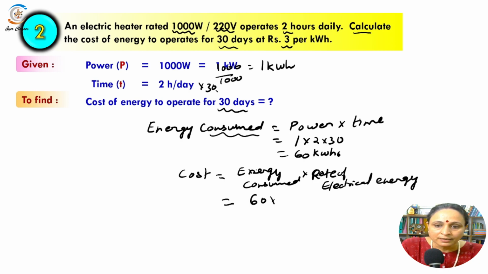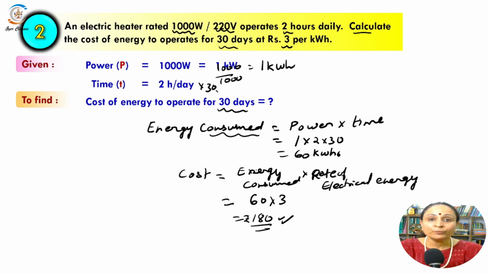It is 60. What is the rate? It is 3. So what is the cost? It is rupees 180. You have to pay rupees 180 for the electrical energy which you are consuming because of the electrical heater. Done, na? Okay, let's do the next question.